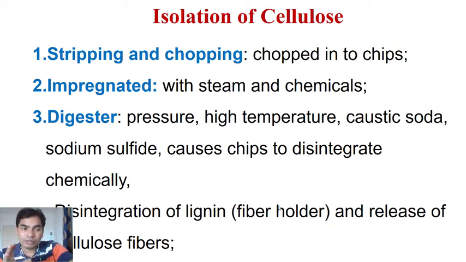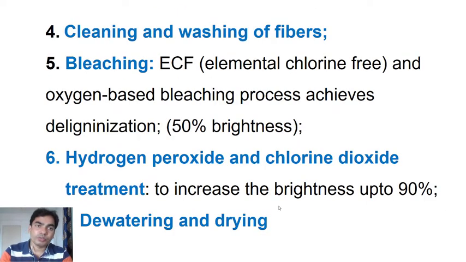These chemicals cause chemical disintegration of the wood part and also of the lignin part, that is the fiber holding the cellulose microfibrils, and release the cellulose fibers, followed by cleaning and washing of those fibers.